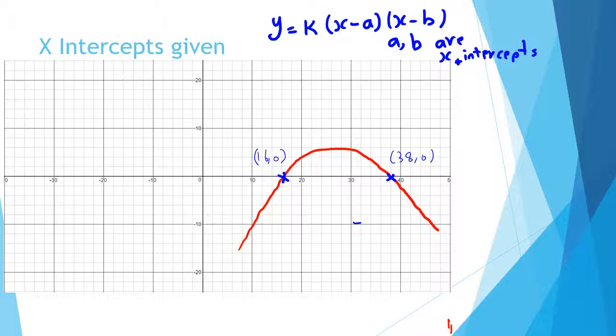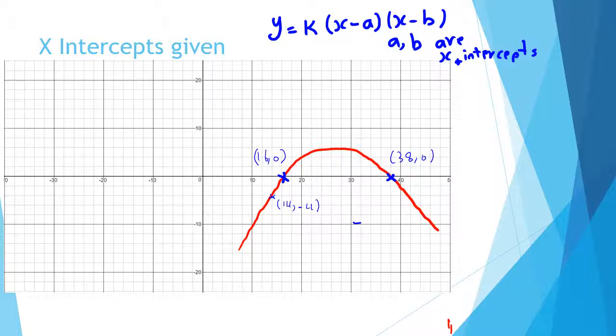You need the two x-intercepts, and you need another point that passes through the parabola. So we're going to take this point here. It's 14, and the y is negative 4. We're going to use those three pieces of information to create the equation.